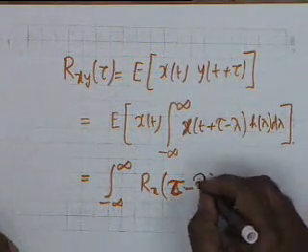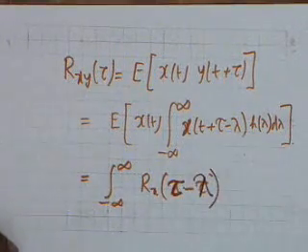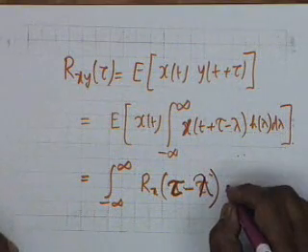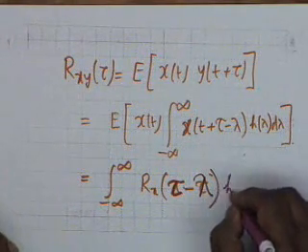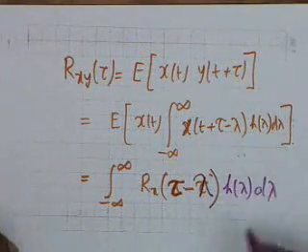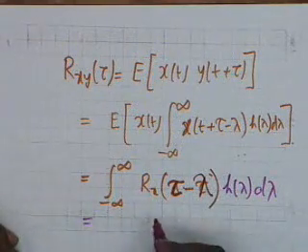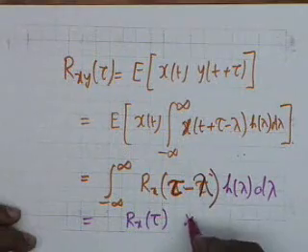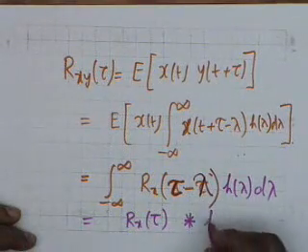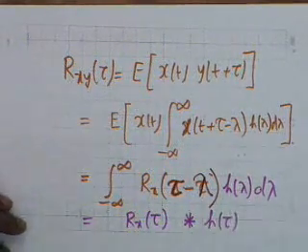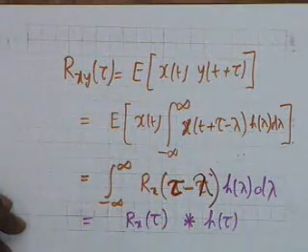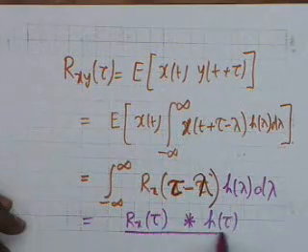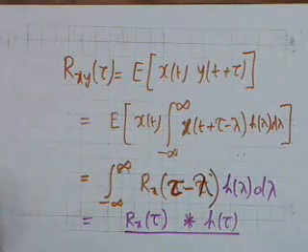It does not make a difference. Then multiplied by h(lambda) d lambda, and you can see interestingly that this is simply Rx(tau) convolved with h(tau). Is that clear? The cross correlation is simply the convolution of Rx(tau) and h(tau).